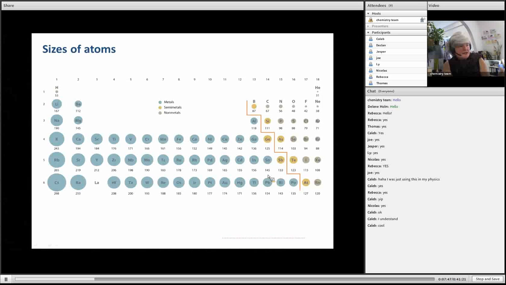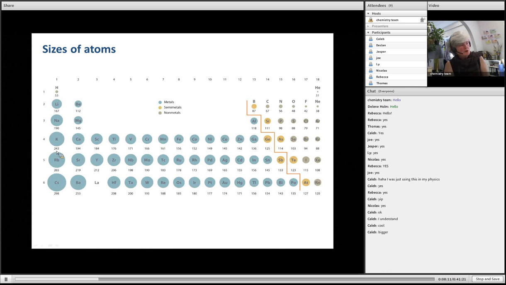Okay, so here I've got an image showing the change in the atomic radius, and you should see one thing straight away as you go down a group. Are the atoms getting bigger or smaller? They're getting bigger. It's pretty clear as we go down.